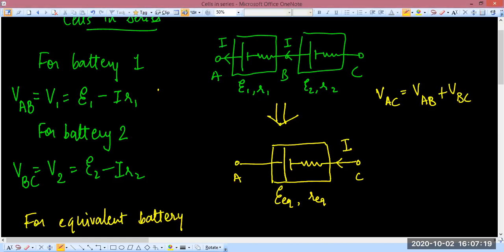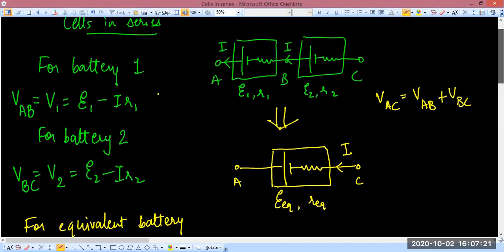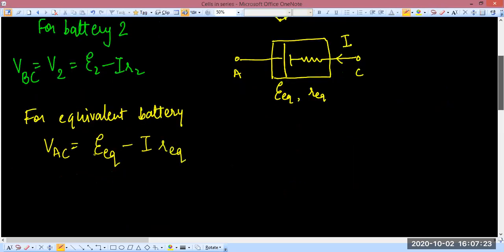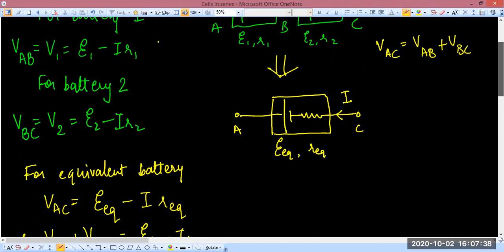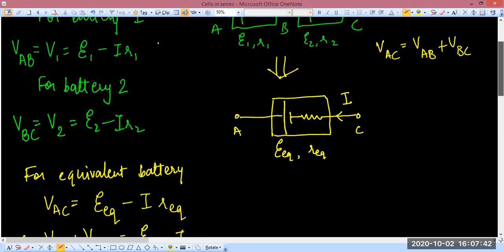So if we use that here, you could write therefore VAB plus VBC should be equal to epsilon equivalent minus IR equivalent. And now we can immediately put these two values. Last step, there is no difficult calculation in series.